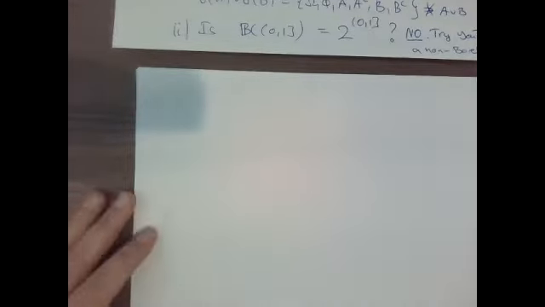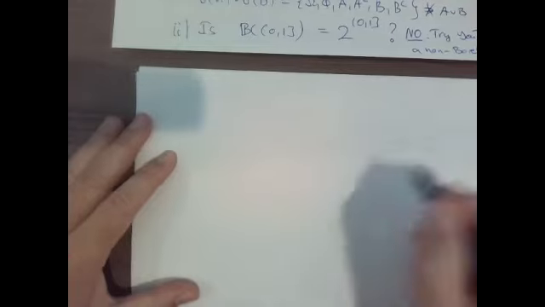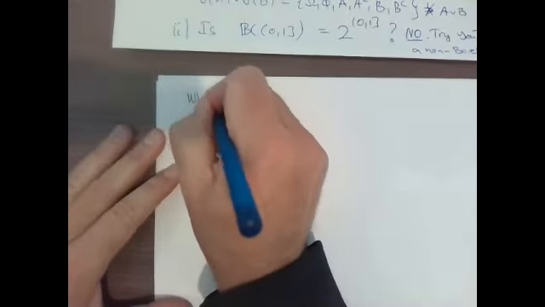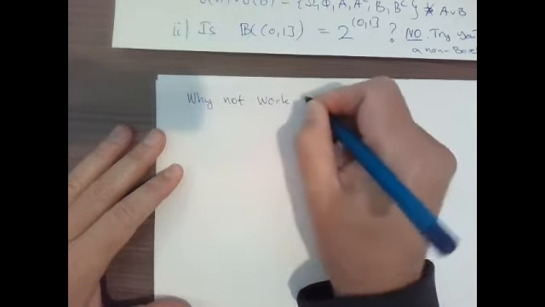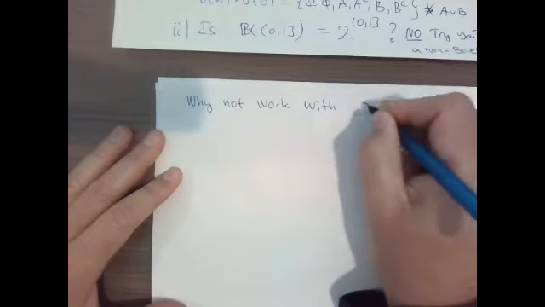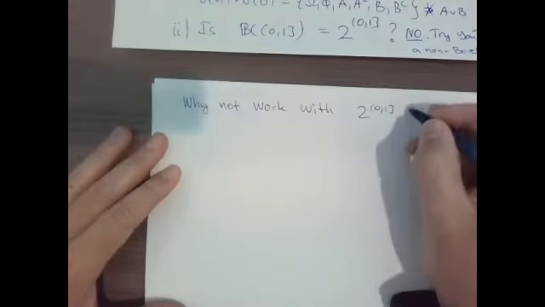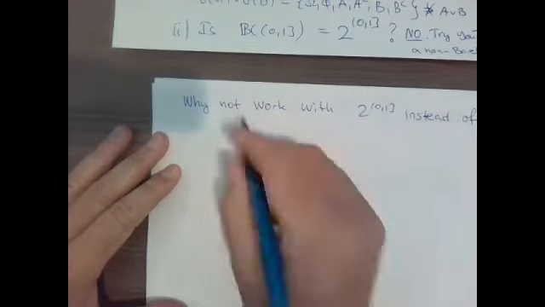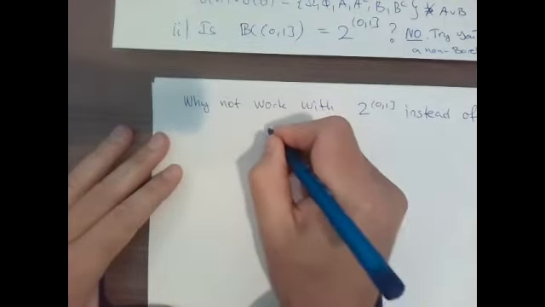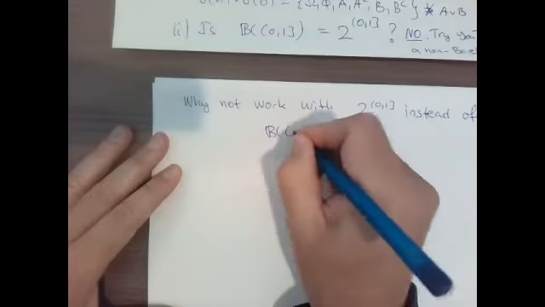Another way to try to get at this: what's the big deal with this sigma algebra structure? It begs the question, why not work with 2 to the 0, 1 instead of these Borel sets?